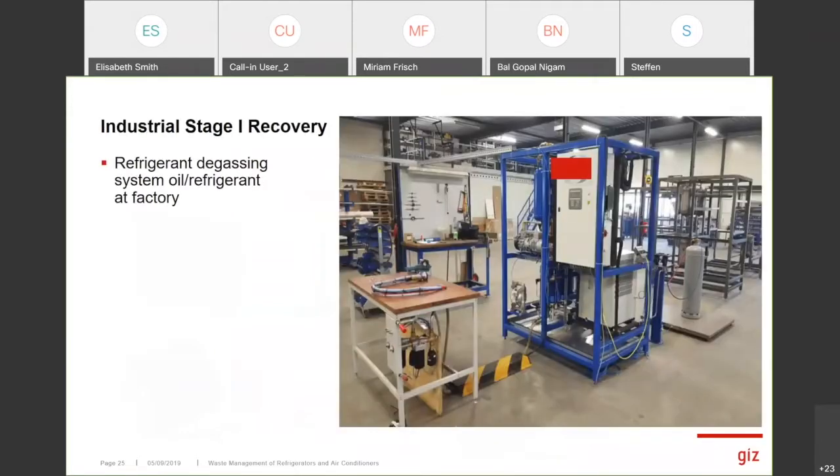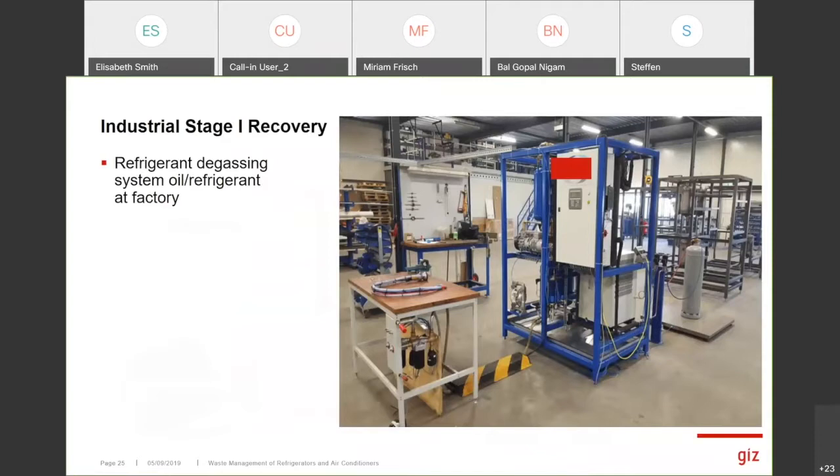Then on the next slide, I included a picture of, let's say, an industrial stage 1 recovery system, which will be also possible for the connection with stage 1 equipment and manual foam stripping and degassing and recycling system.